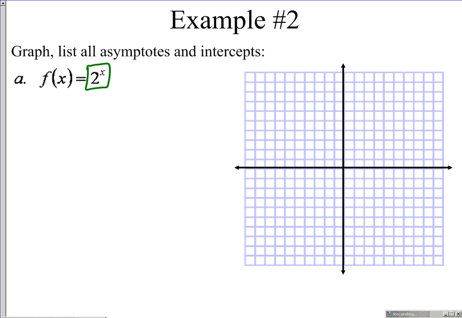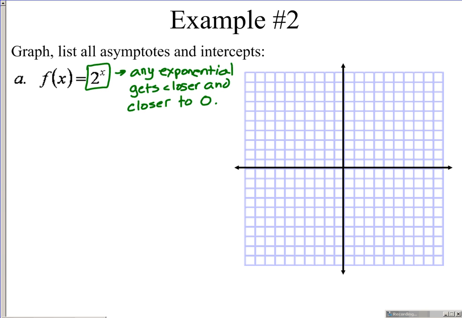We can see that this exponential by itself, and this is true of any exponential, this value is going to get closer and closer and closer to 0. Any exponential all by itself will get closer and closer and closer to 0.